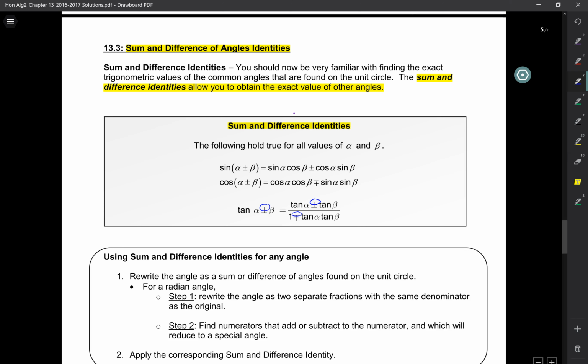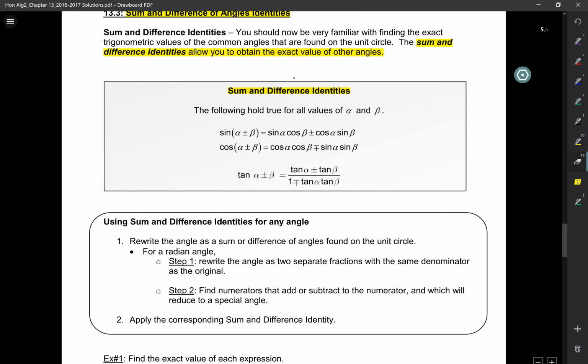Now, there's a song. If you write your sine and cosine in this order, you see how for the sine of A plus B, it's sine A cosine B, cosine A sine B, but this is cosine, cosine, sine, sine. So here the sine and cosine alternate, here they don't.